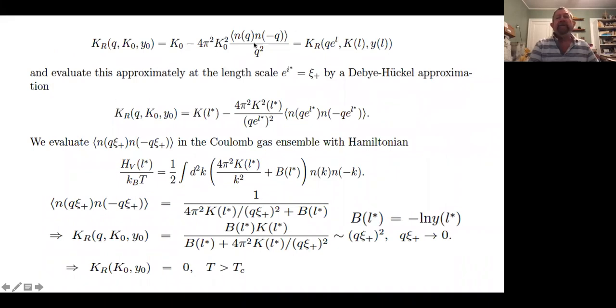So we've got this expression at the top, right? Now we can calculate this thing. You remember, we want to evaluate this quantity above TC. But the problem is that we're going to try to evaluate it at length scale L. But we know that the fugacity y of L is getting larger. In other words, we've got a lot of vortices present.